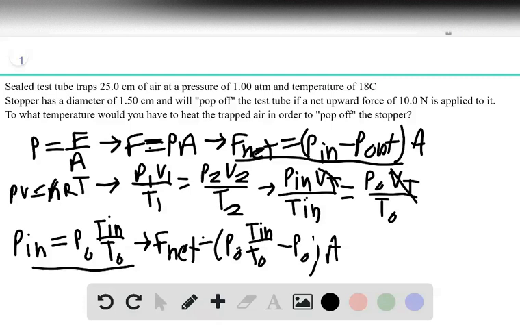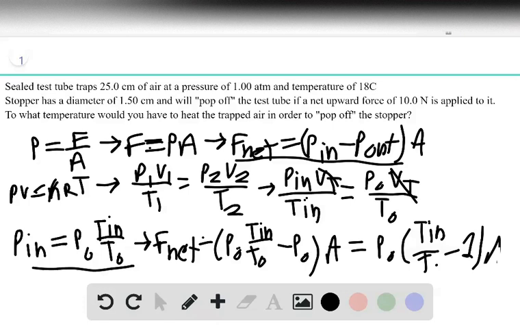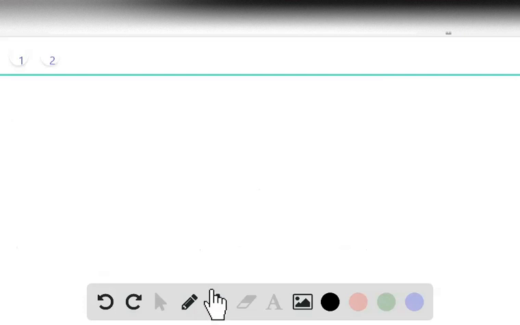We can actually take P naught out of this equation to simplify it a little bit. So we get equals P naught times T in over T naught minus 1, times area. Okay, so now we can solve that equation for temperature on the inside.